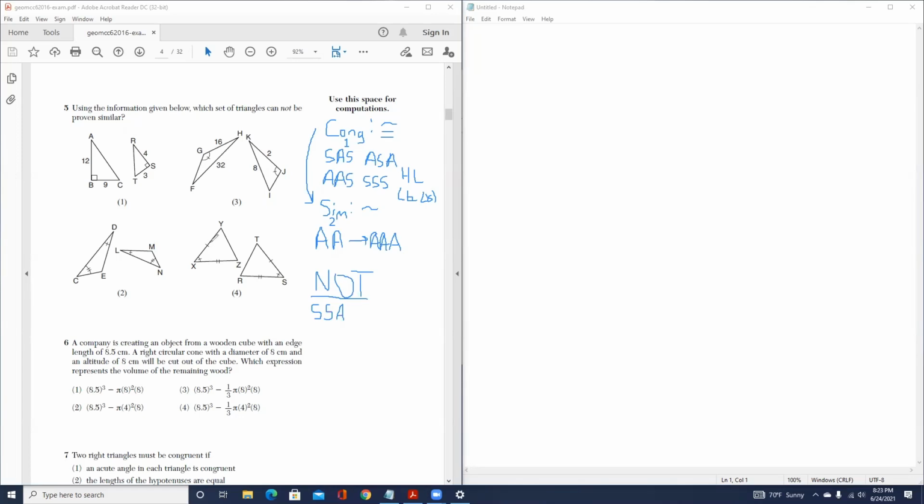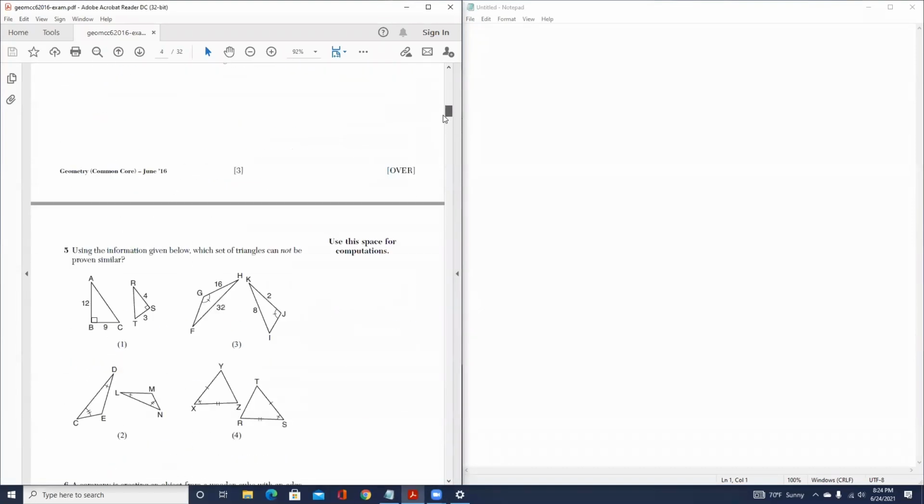However, because both sides are being shown as congruent, then you can directly prove that the two triangles are both congruent. So because of that, the only one we can eliminate is choice 3. So that means that just based on this information, the third set of triangles cannot be proven similar.